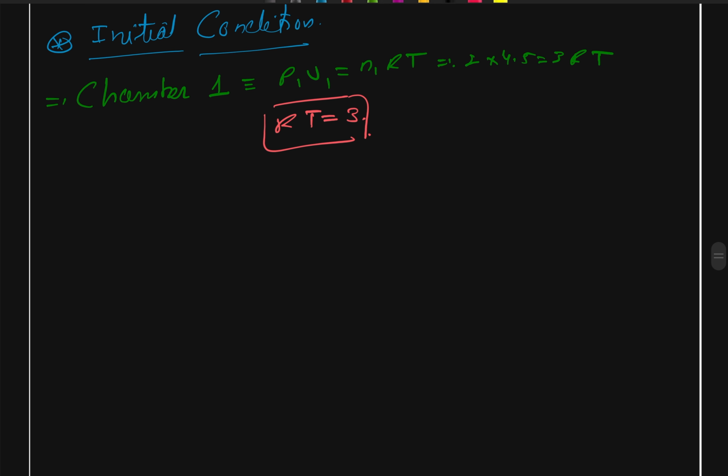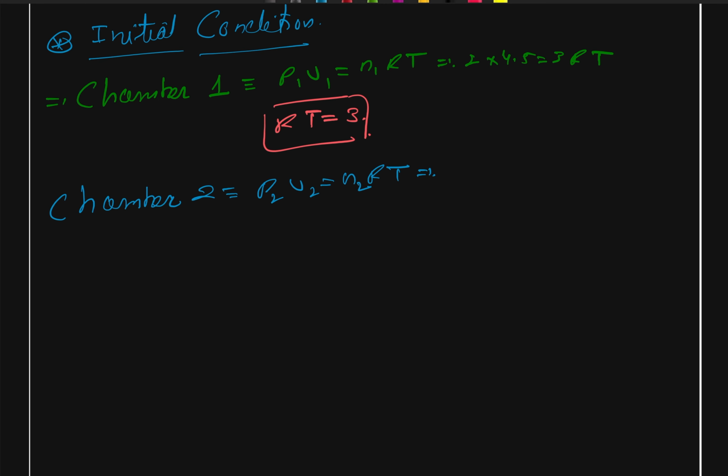Now we come to our chamber 2. Same equation, P2V2 is equal to N2RT, and we substitute the values.